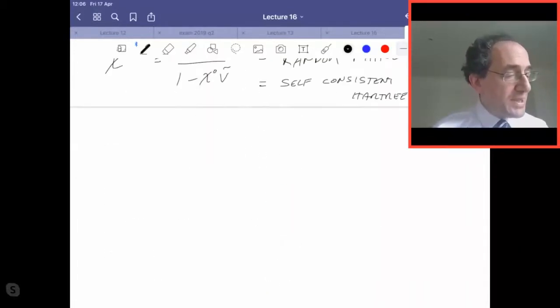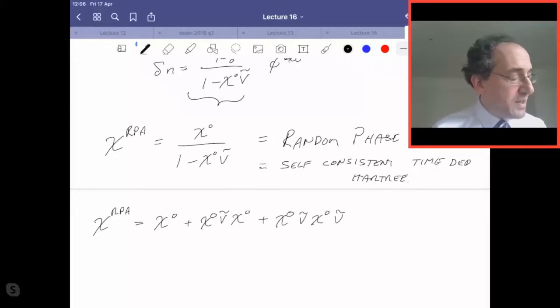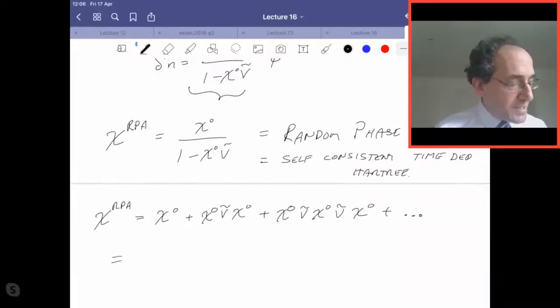So another way to write this is to write chi RPA. Let's expand out this series. We can write it as chi naught plus chi naught v twiddle chi naught plus chi naught v twiddle chi naught v twiddle chi naught plus dot dot dot. In Feynman diagram language, we would write this as a bubble, plus a bubble connected to another bubble by a V, so V is in between, and then we have 3 bubbles, so we get a chain of bubbles.